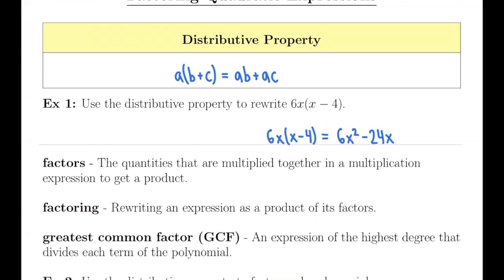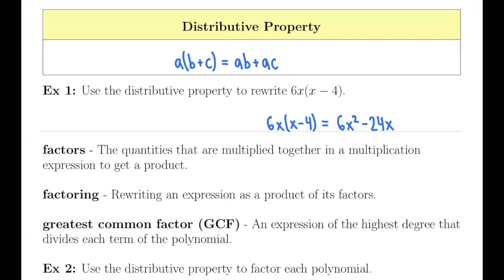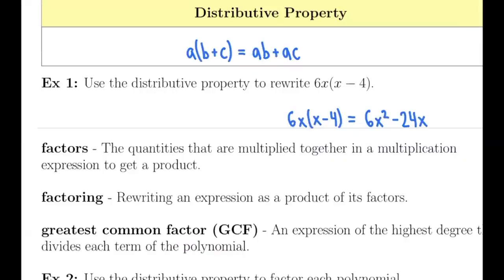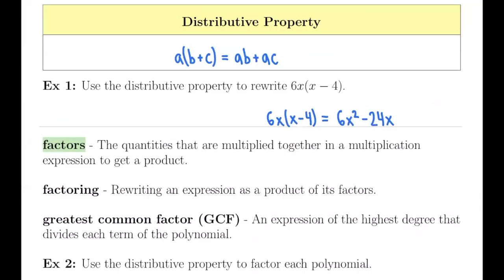All right. So let's talk about factors. So factors are the quantities that are multiplied together in a multiplication expression to get a product. So in this example right here, for example 1, the factors of 6x squared minus 24x are 6x and x minus 4.